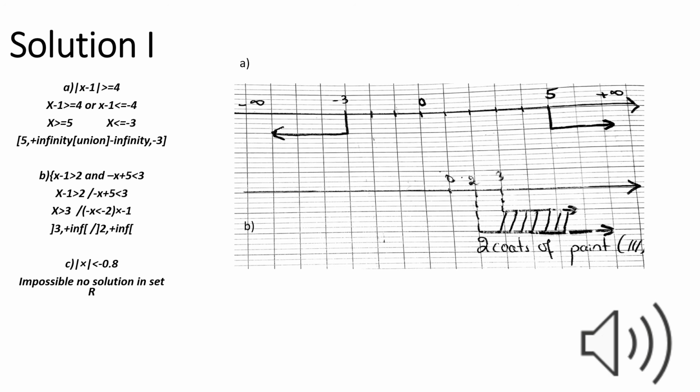It has two roots. X plus 1 equal radical 64 of index 6 or x plus 1 equal minus radical 64 of index 6. X plus 1 equal to 2, x equal 2 minus 1, x equal to 1. X plus 1 equal minus 2, x equal minus 2 minus 1, x equal minus 3. So the solution set contains minus 3 and 1.